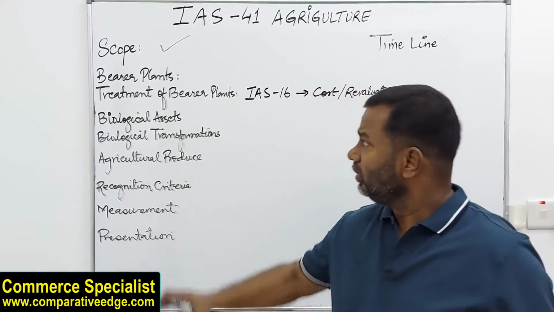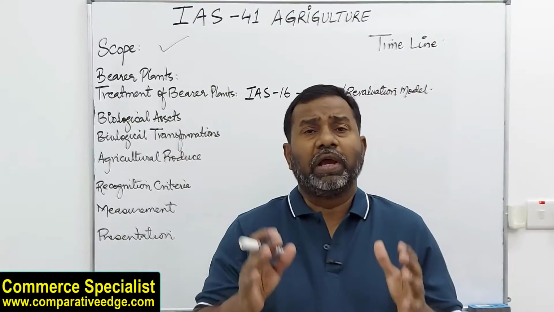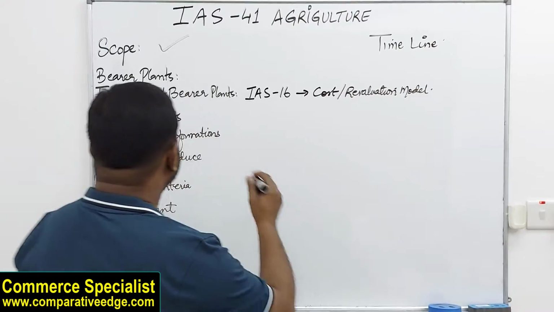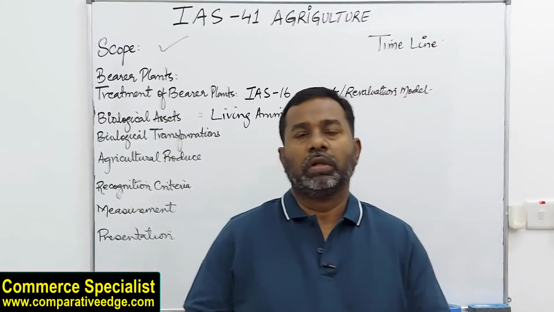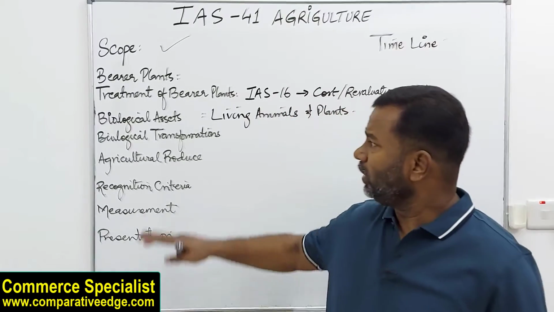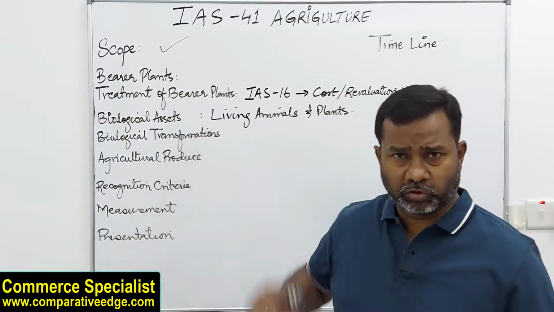In order to understand IAS 41 Agriculture, we need to understand some key terms. For example, biological assets. Biological assets are living animals and plants. The other thing we need to understand is biological transformation.